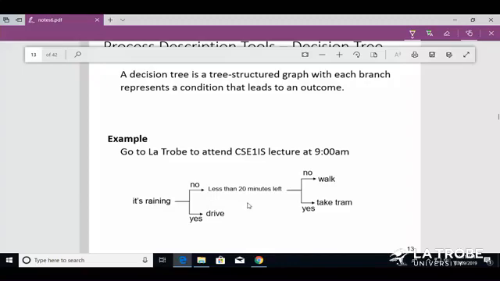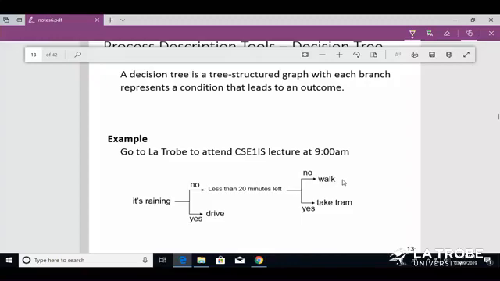You need to check your time. If you have less than 20 minutes, again you need to save your time, so you're going to take the tram. Otherwise, you still have 20 minutes, or for example 30 minutes, so you will be able to get to your lecture on time. So of course, I will walk.